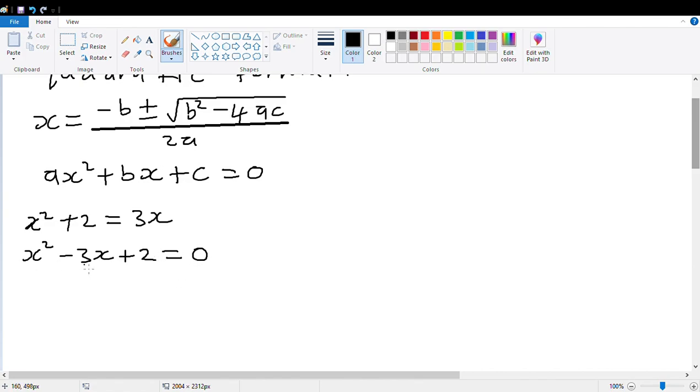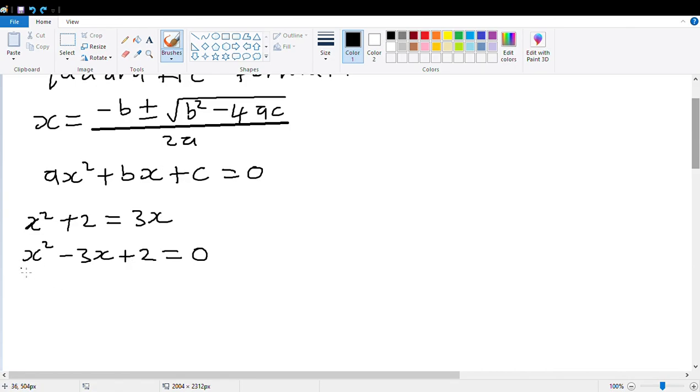But many learners or students find these sorts of equations tricky in terms of obtaining the values of a, b, and c, which are required for you to use the quadratic formula.